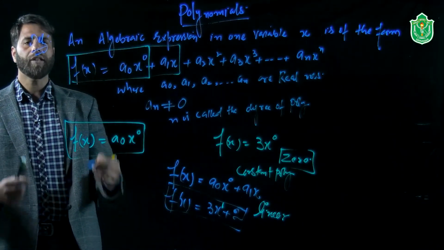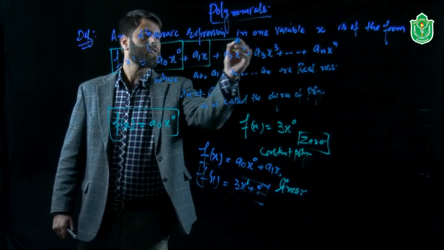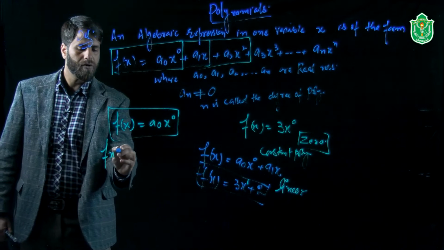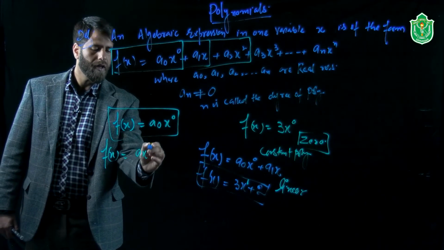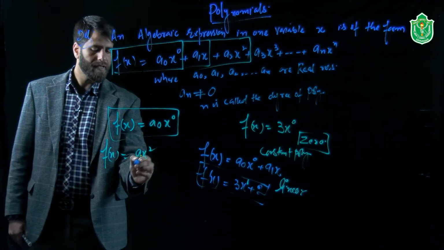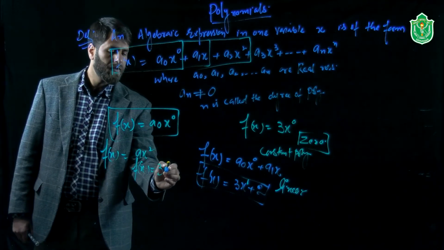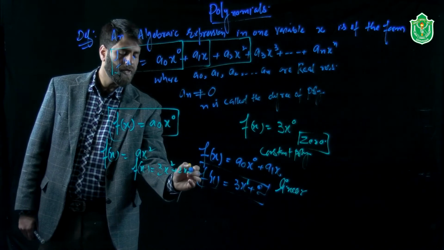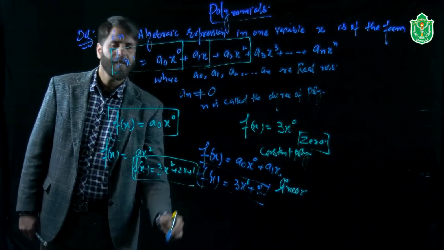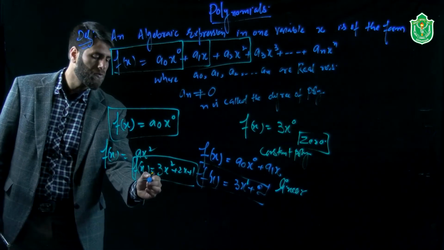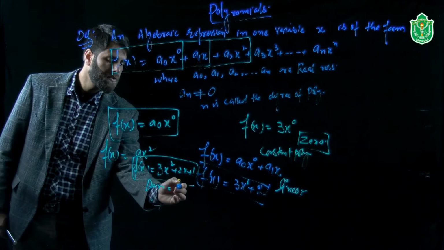If we consider another polynomial, moving to the third place, f of x is equal to ax square, or we can write f of x is equal to 3x square plus 2x plus 1. What is the degree of this polynomial? Look at the variable: the highest degree is 2.